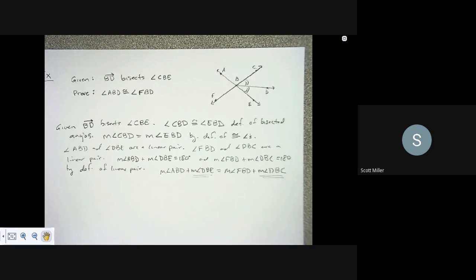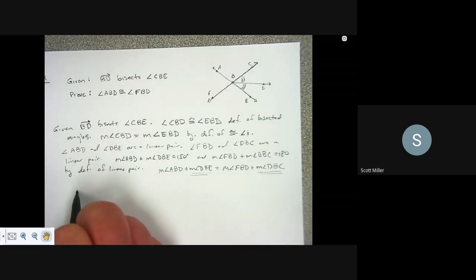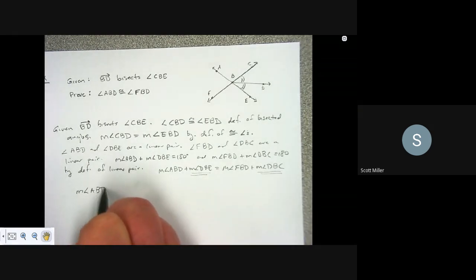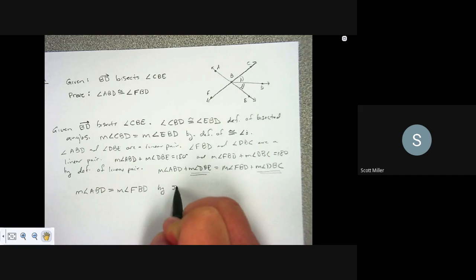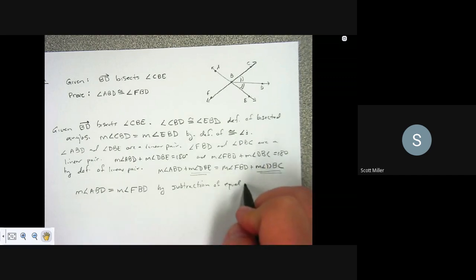Since they are the same, I can remove them by subtraction. So then I now know that the measure of angle ABD equals the measure of angle FBD by subtraction of equal angles.